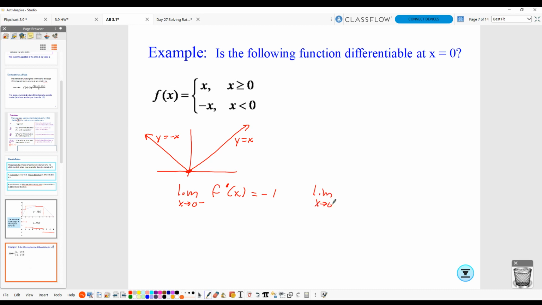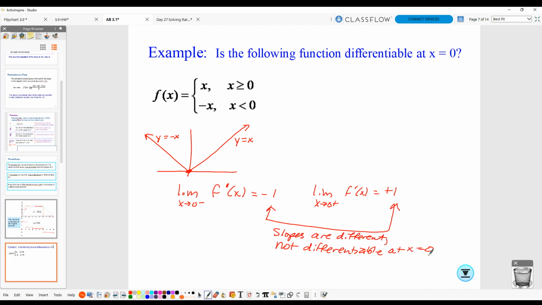On the right side of 0, the slope is +1. These values of slope are different. Since the slopes on each side of 0 are different, we cannot do the derivative at 0, so the function is not differentiable there.